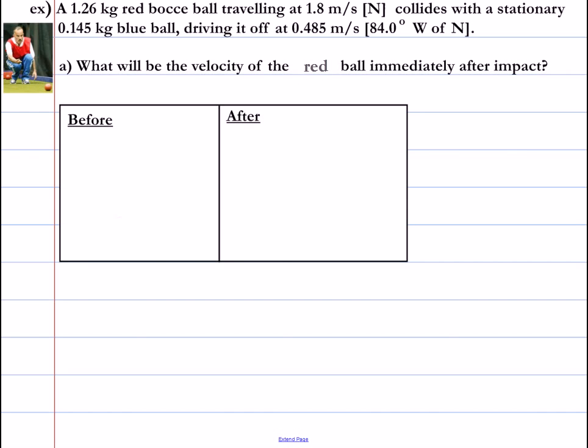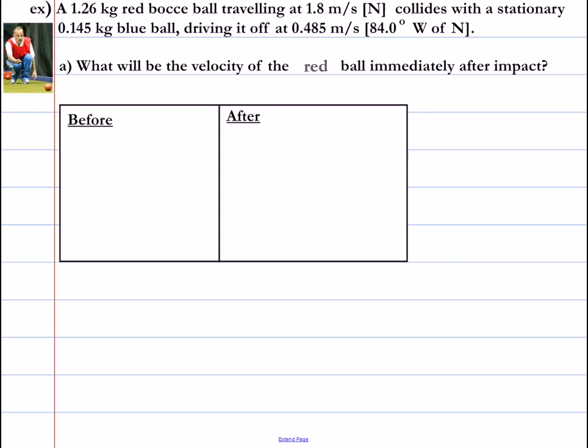All right, here's a question from page 505 in the textbook, number 59. We've got a red bocce ball traveling in at 1.8 meters per second north. It hits a smaller blue ball, and then the blue ball goes off at 0.485 meters per second, 84 degrees west of north.